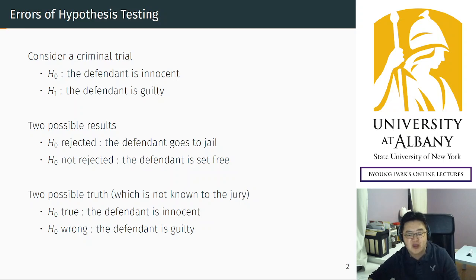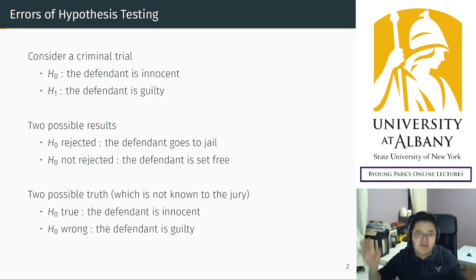However, no one knows the actual truth, but we can imagine in theory what would happen, how it works out if the truth was something. So for example, we can think about 2 possible truths. That is, the truth would be the defendant was actually innocent or actually guilty.